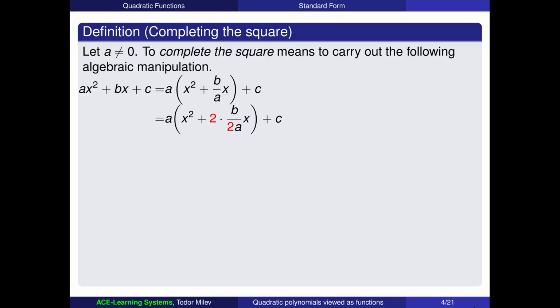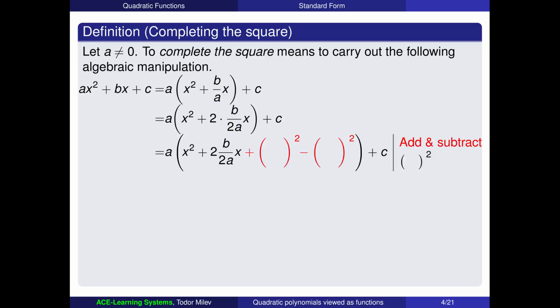Okay, so the next thing we do is we add and subtract some magic constant so as to make this expression that we see here into a perfect square. What was that magic constant? Well, to remind you, the constant was determined like this.